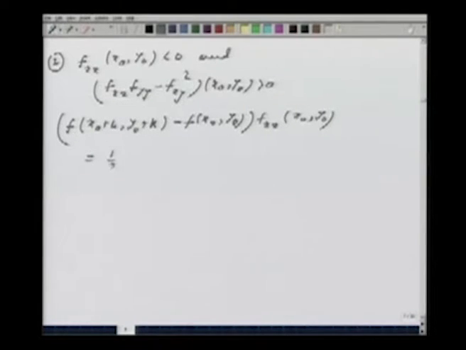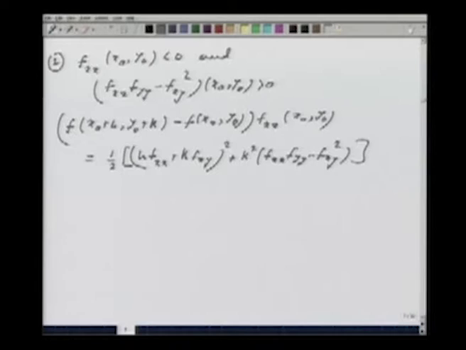This is half (h fxx plus k fxy)² plus k² times (fxx fyy minus fxy²). Now I am assuming that this is positive, but I am assuming that this is negative, this quantity.